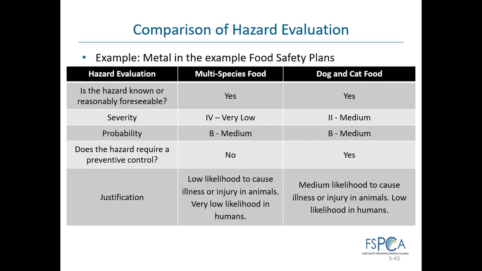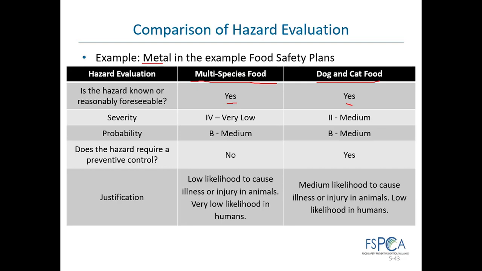Here's an example of differences in severity. So here we're talking about a metal hazard, and we're going to compare a livestock example to a pet example. So is a hazard known or reasonably foreseeable? Yes, absolutely. Almost every facility is going to be dealing with metal just because we have metal equipment that can possibly lose stuff. But the severities can be very different.